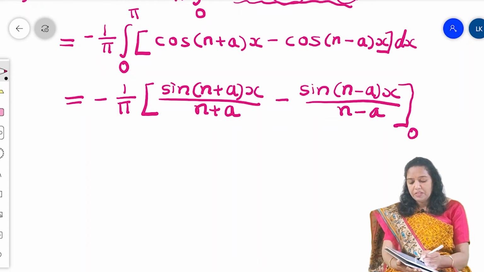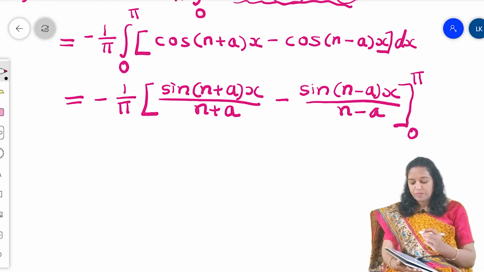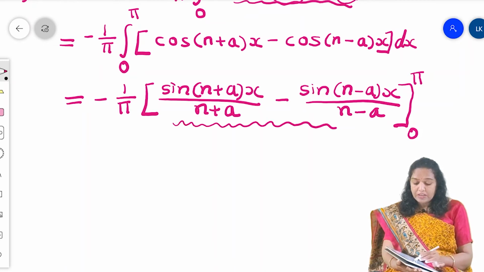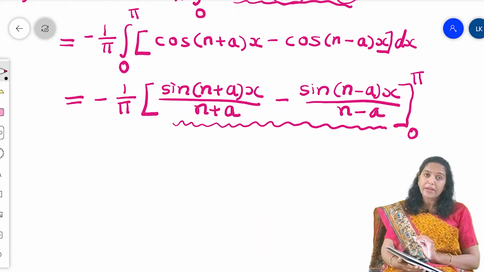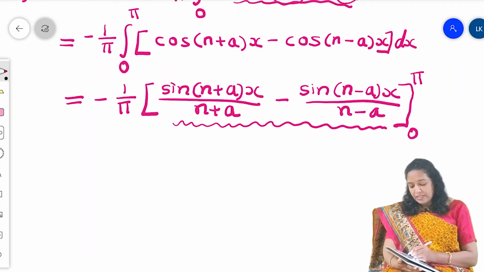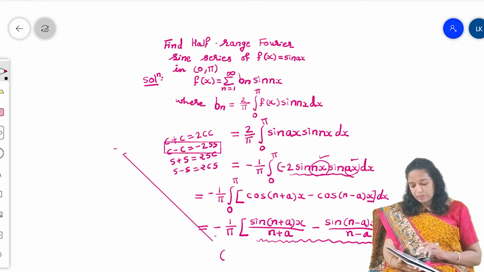The limit is 0 to pi. Now first we substitute x equal to pi in the whole bracket, then minus the value at x equal to 0 in the whole bracket. We know that sine 0 is 0. Okay?